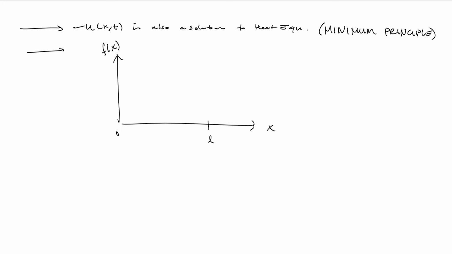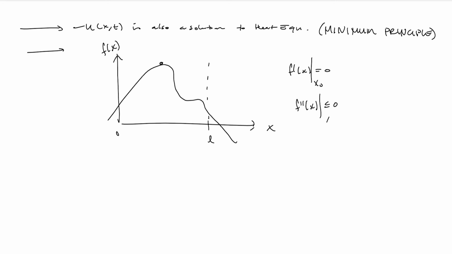Say we have a function with a local maximum, right? Well, the local maximum is exactly what we were talking about, where f prime of x is equal to 0 at this maximum, and f double prime of x is less than or equal to 0 at the local maximum, right?